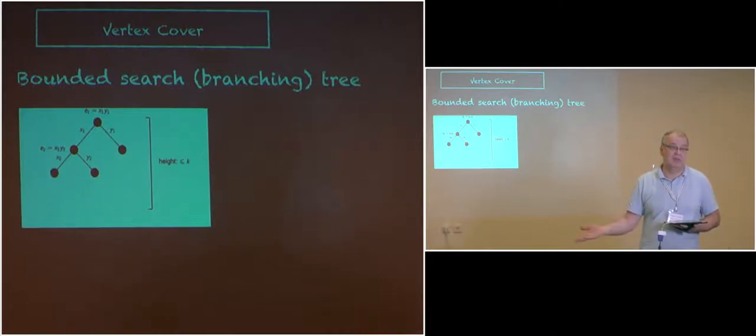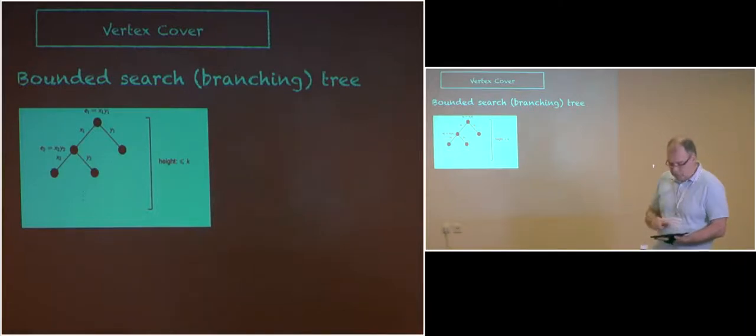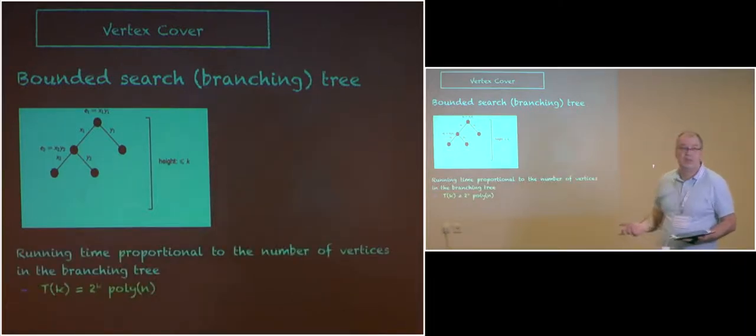We branch into at most two problems each time, and the height of the tree is at most k, so the tree has at most 2 to the k vertices, which means the running time of the algorithm is 2 to the k times some polynomial of n.